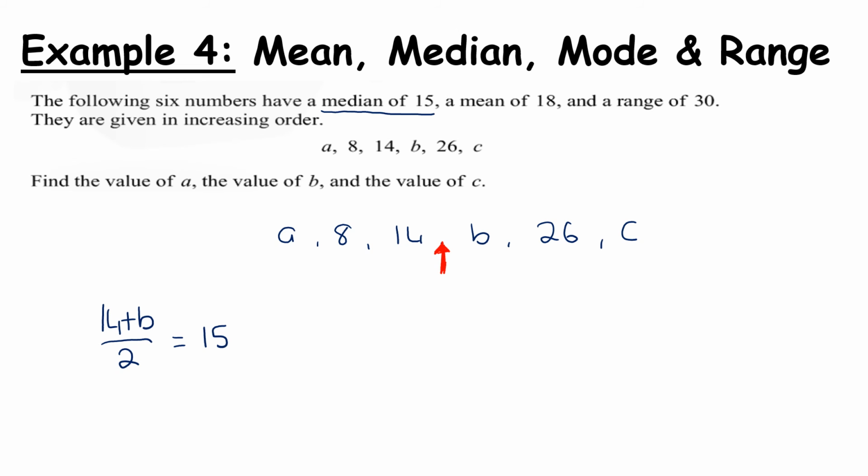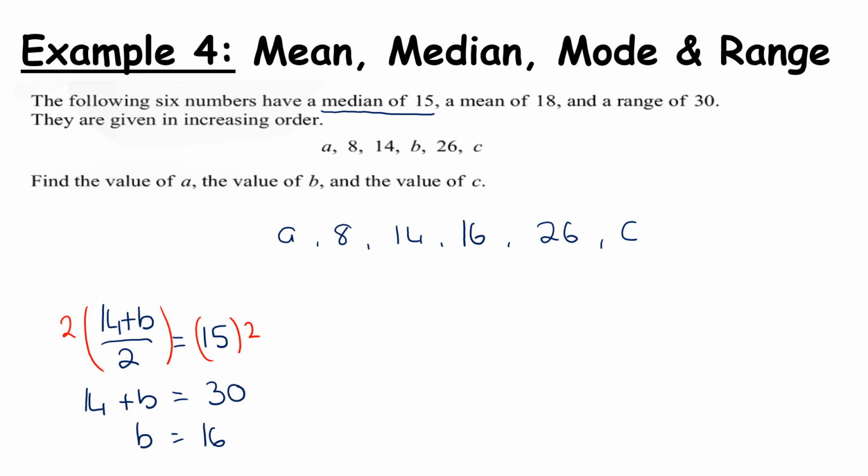In order to get rid of that 2, I'm going to multiply both sides of my equation by 2. So 14 plus B equals 30. So B is equal to 30, take away 14, so B is 16. So I'm going to update my B now to 16.